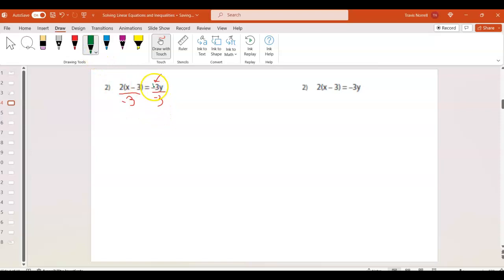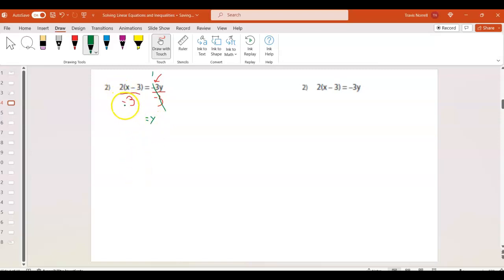So negative 3 would go into negative 3 one whole time, and 1 times y would just be y.